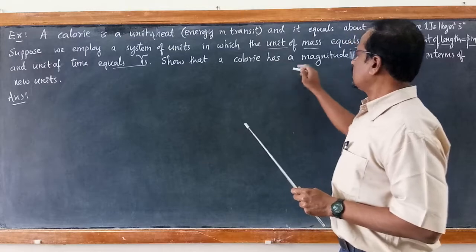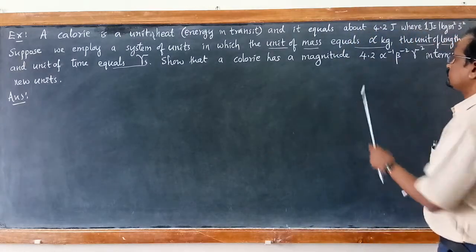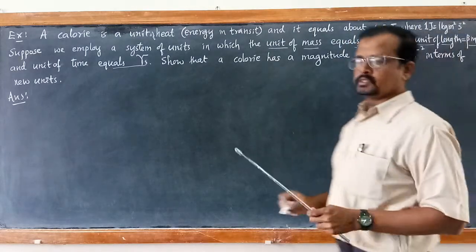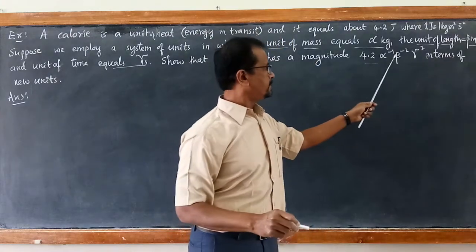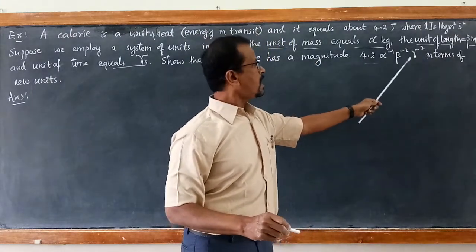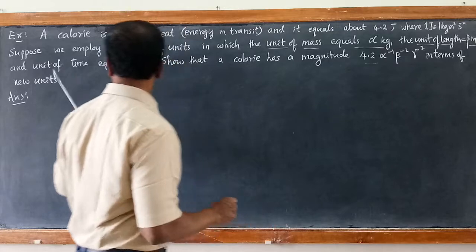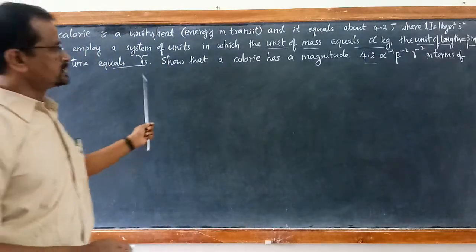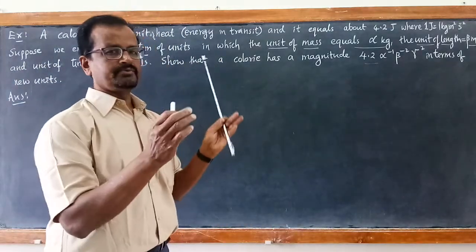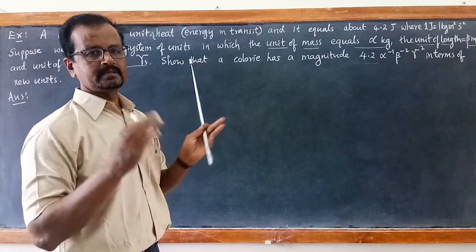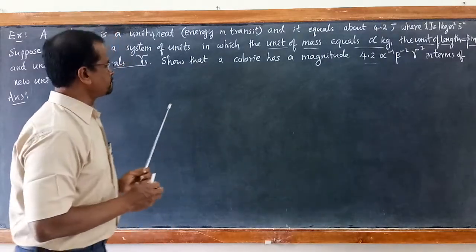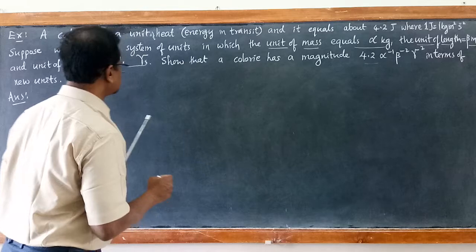Show that a calorie has a magnitude of 4.2 alpha to the power minus 1, beta to the power minus 2, gamma square in terms of new units. So this is conversion of one system of unit into another system of unit. This is an example. What is given here? Let us write.